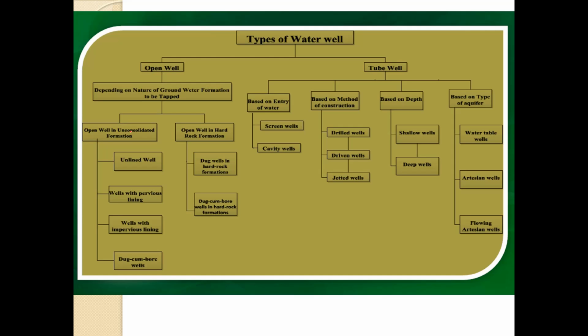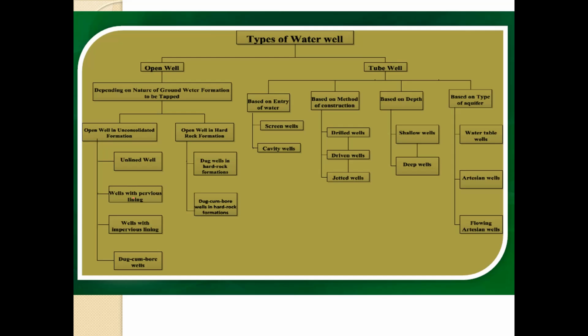So in the open well in unconsolidated formation, there are unlined wells, wells with pervious lining, wells with impervious lining, and dug cum bore wells. Basically, if we dig or bore the well with unlined walls, it is called an unlined well.